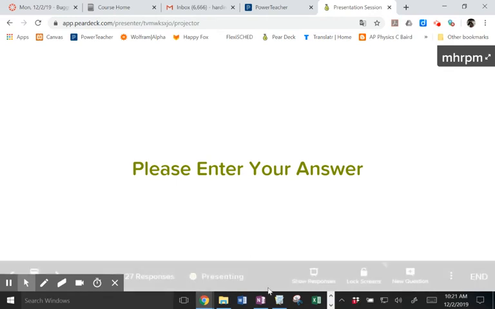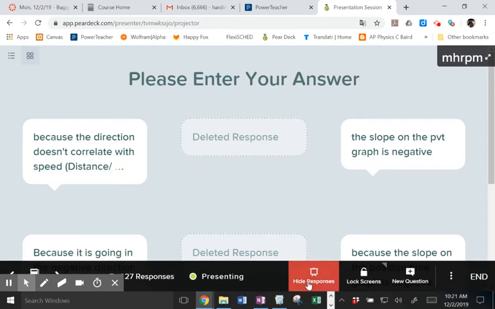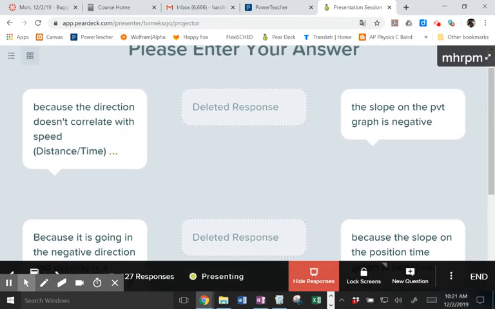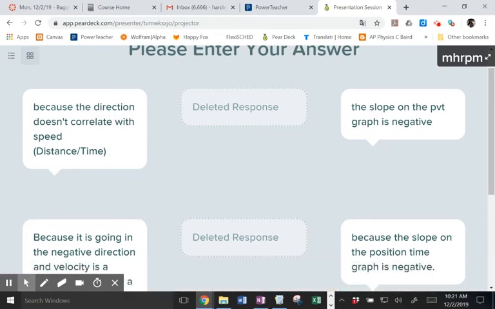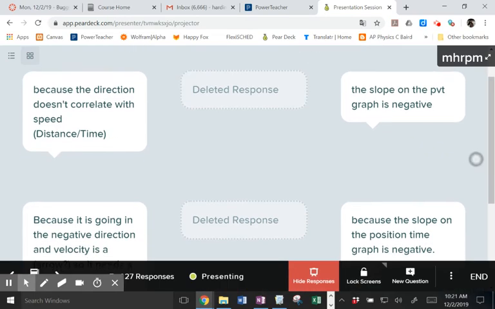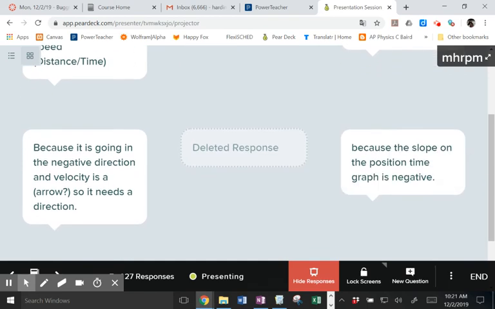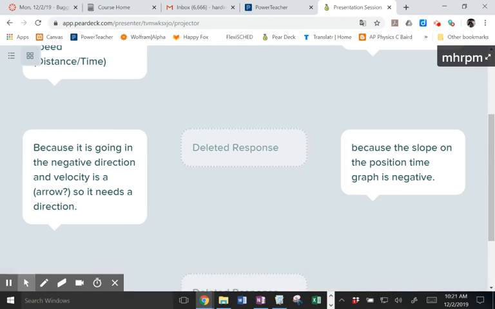All right, so what do we got here from our friends? Because the direction doesn't correlate with the speed. The slope on the position versus time graph is negative. Because it's going in the negative direction and velocity is an arrow, so it needs a direction.